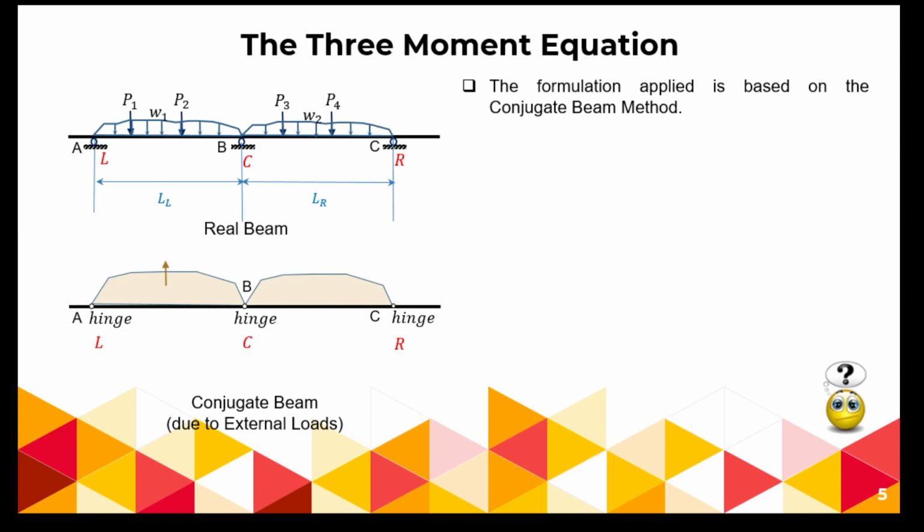It will be drawn above the neutral axis of our beam. So, ang arrow, the direction of the arrow would be upward. And this M over EI diagram here, this moment diagram here, is actually the area. The area sang aton nga load.